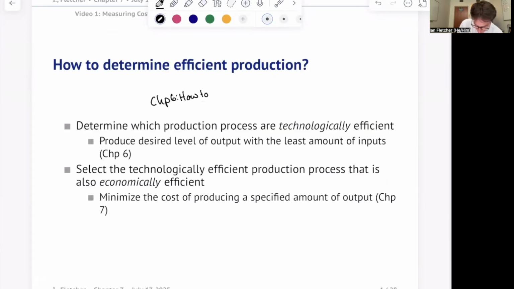Chapter seven is now we're going to be selecting the technologically efficient production process that is also the most economically efficient. So we're going to minimize the cost of producing a specified amount. What is the cheapest way to produce?